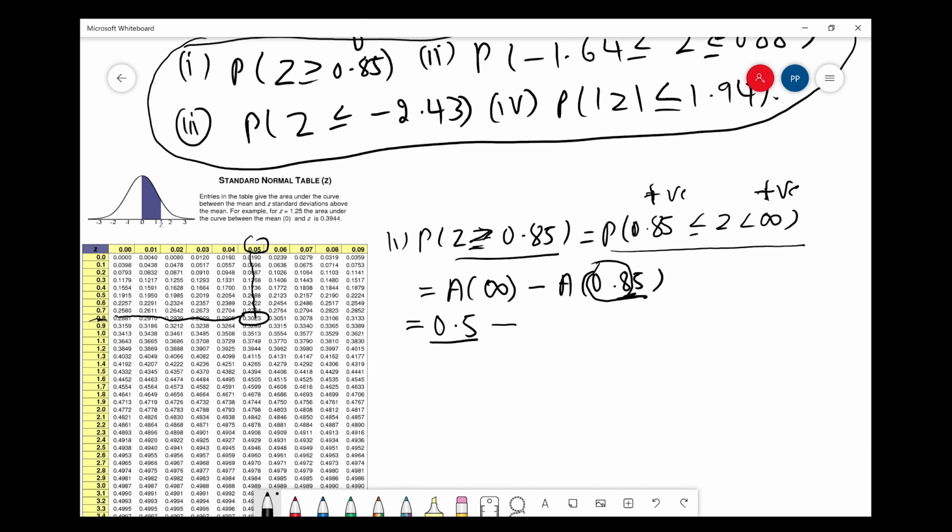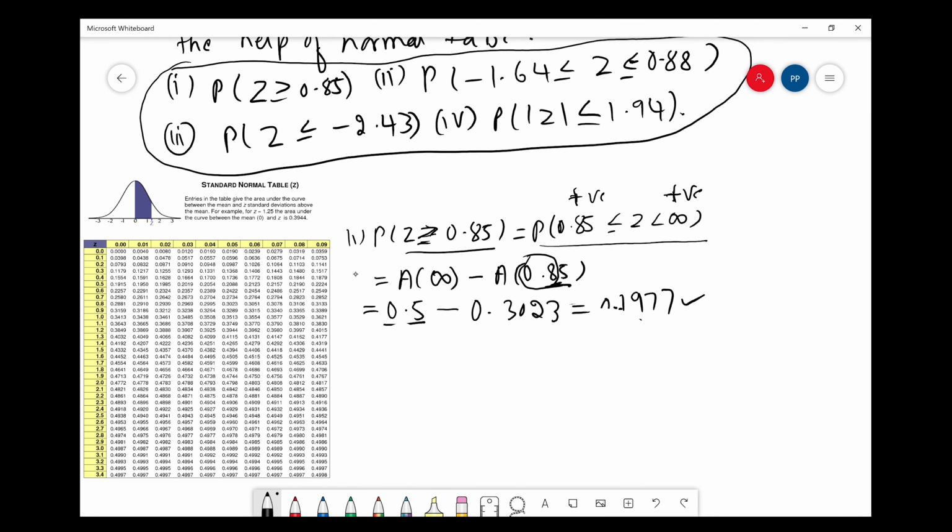The intersection is this, and the value is 0.3023. Now subtract this value, and you get 0.1977. So we have got the first probability value.